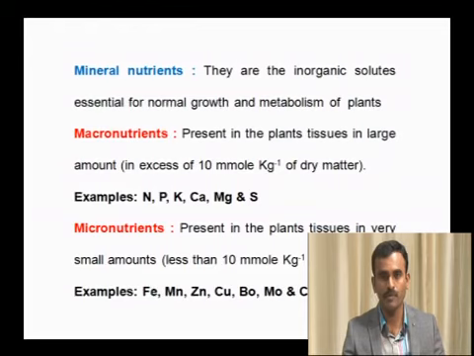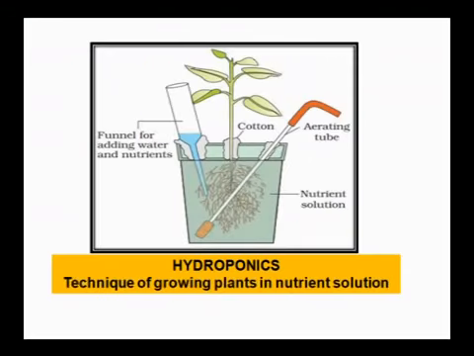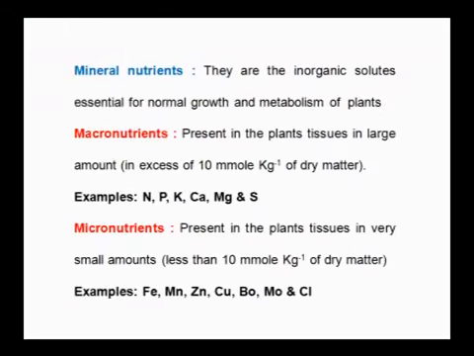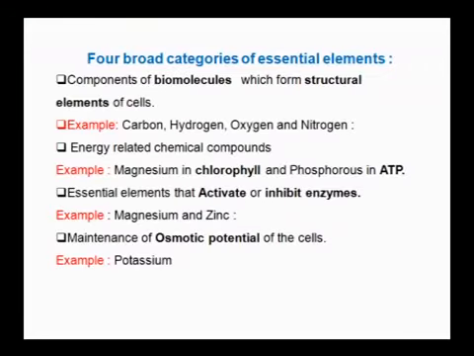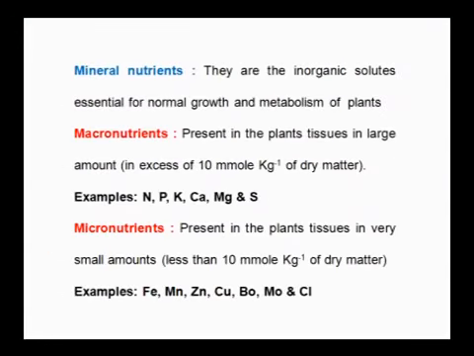They are of two types, macronutrients and micronutrients. Macronutrients are the nutrients which are present in excess, that is, in excess of 10 millimole per kg of dry matter.